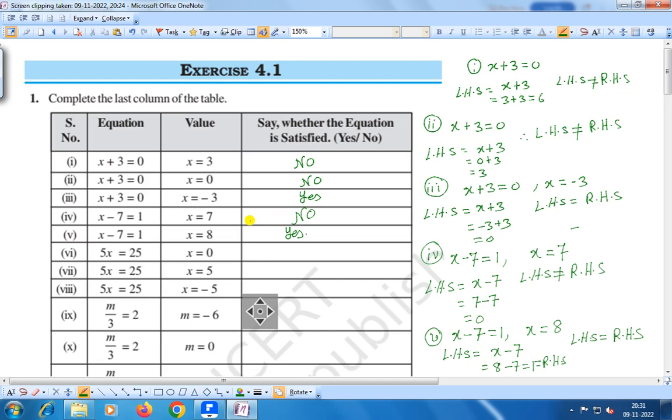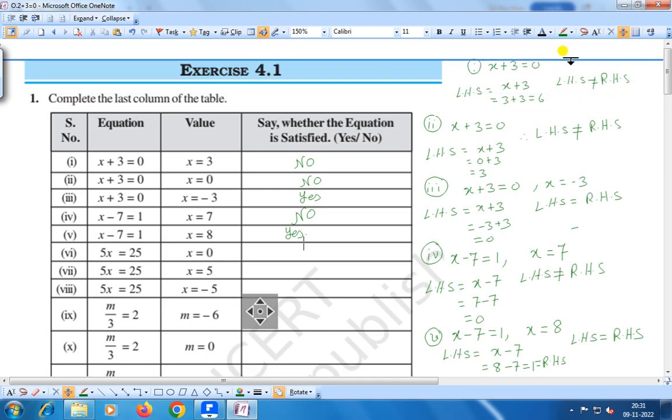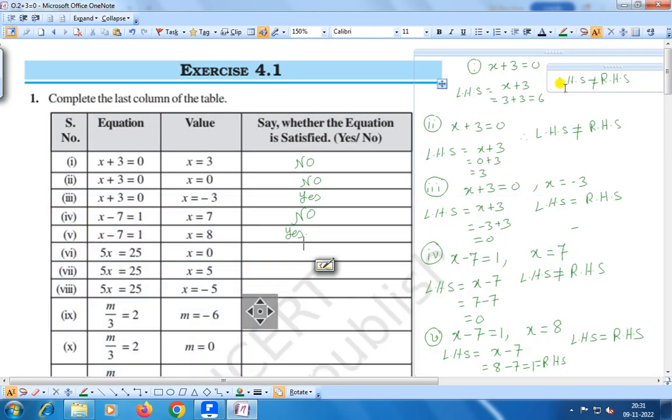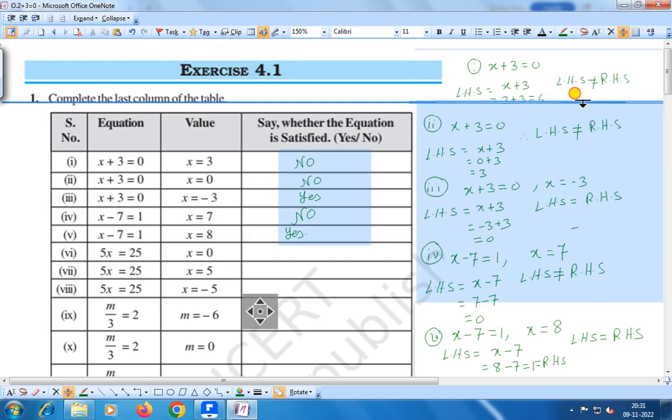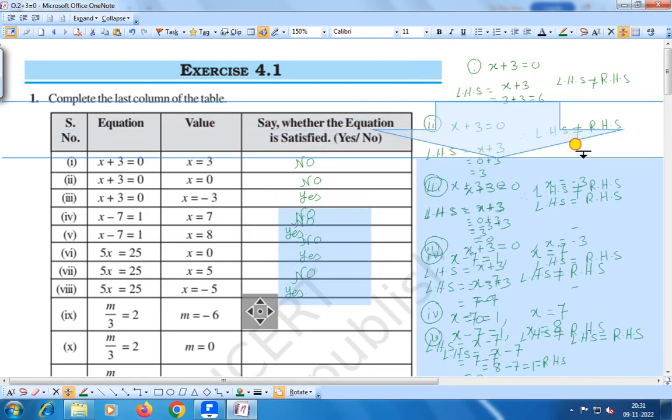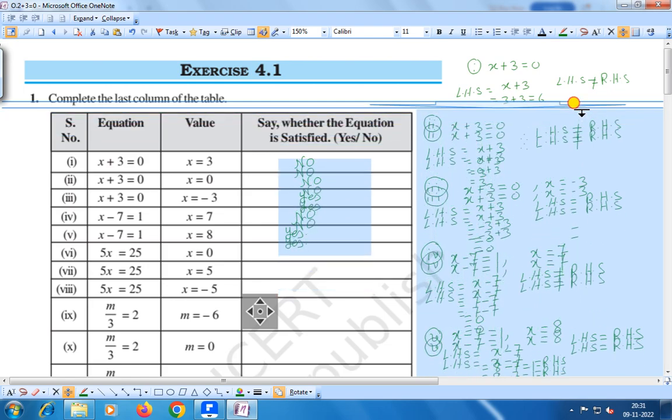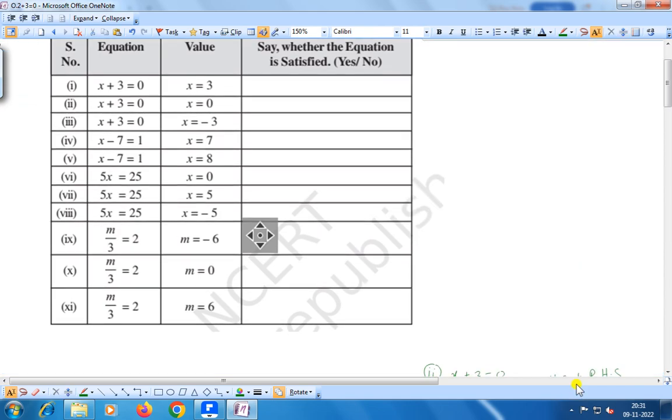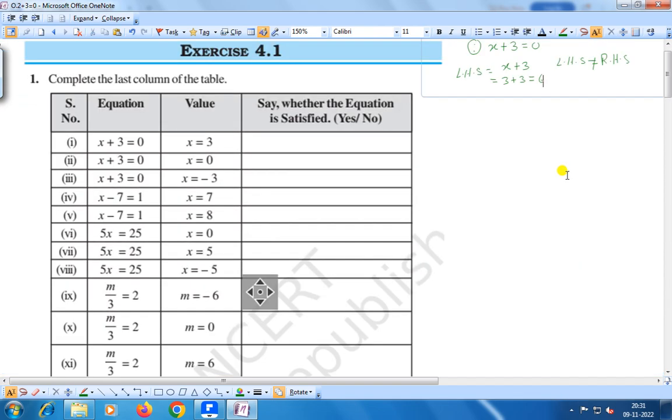Now we'll solve question number 6. Question number 6 is 5x is equal to 25 and the value of x equal to 0.